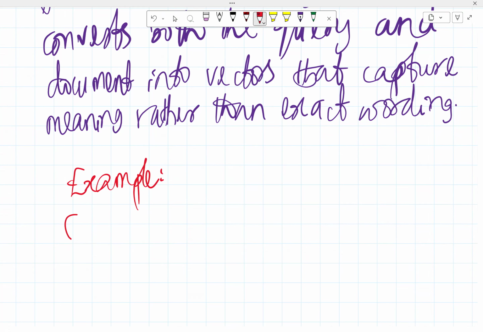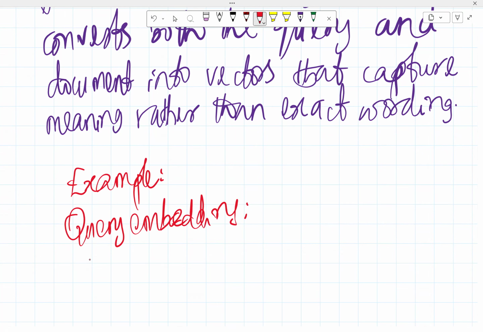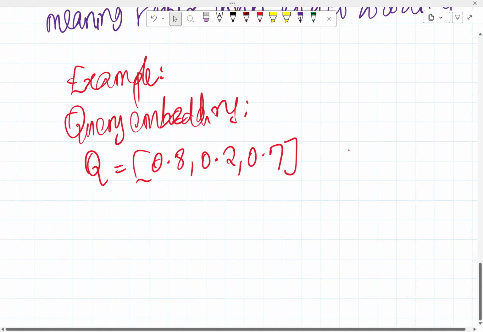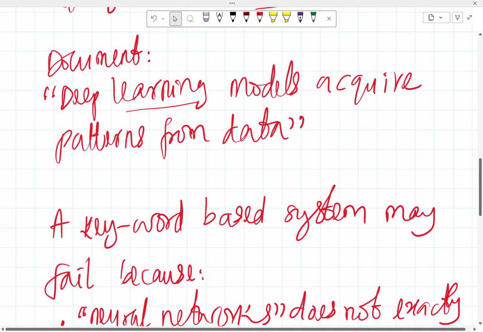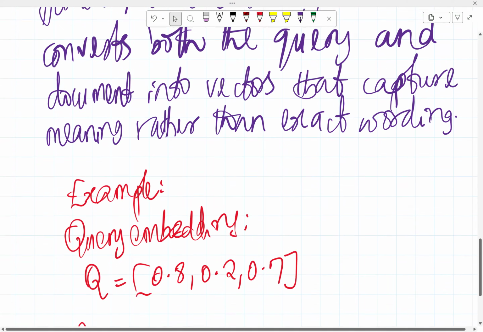If the example now is that the query talks about how neural networks learn. So for the query embedding, imagine you have Q equals 0.8, 0.2, 0.7 in three dimensions like that. And then we have the document embedding. The document itself is that deep learning models acquire patterns from data.